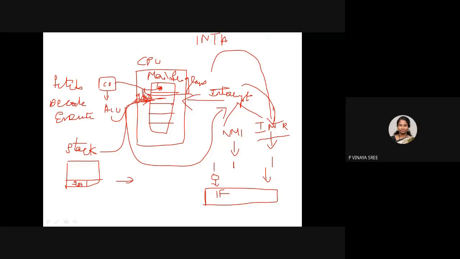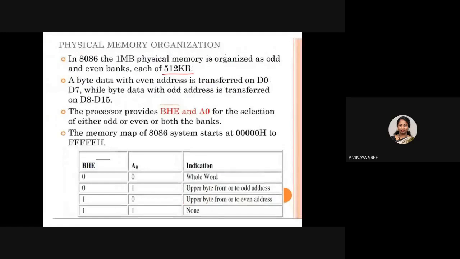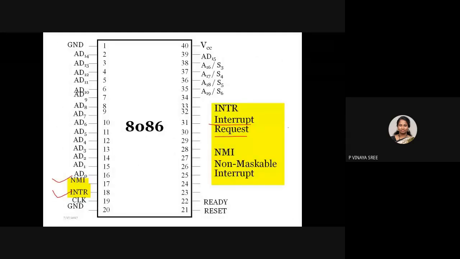If this is set to 1, it provides an acknowledgement with the help of the INTA, interrupt acknowledgement pin, saying that yes, I'm stopping my main program execution and I'm providing the service to you. This is about the two pins, INTR and NMI.